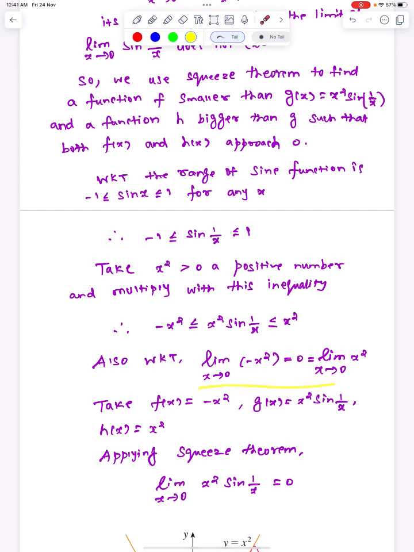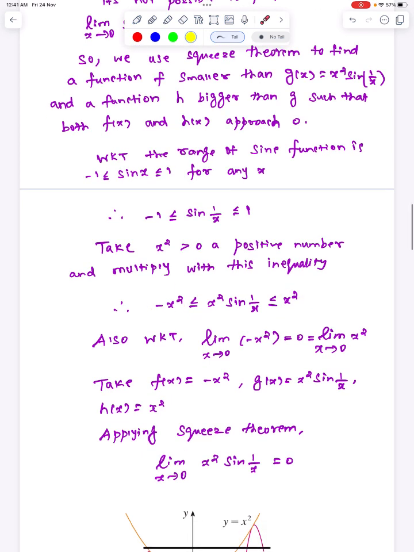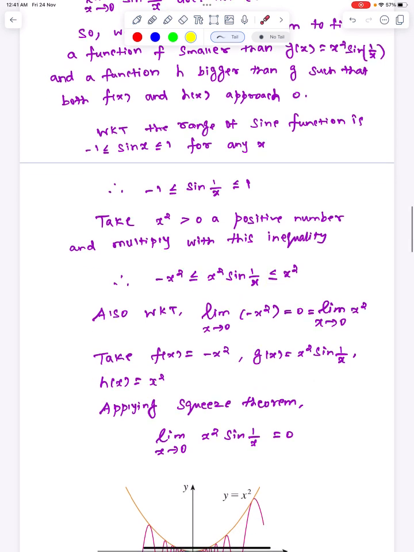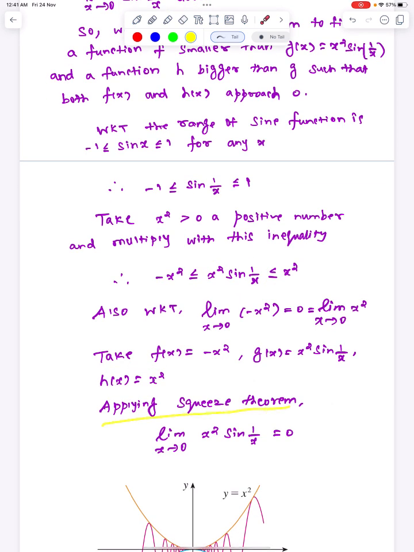This is very important. We take minus x square as the function f of x, the positive x square as h of x, and the middle one is g of x, which is x square into sine 1 over x. Now we are applying the squeeze theorem.